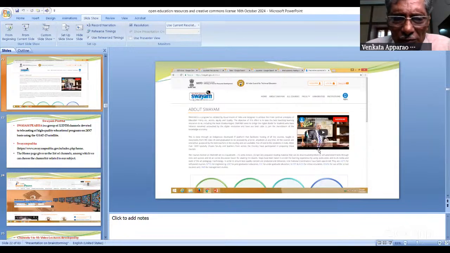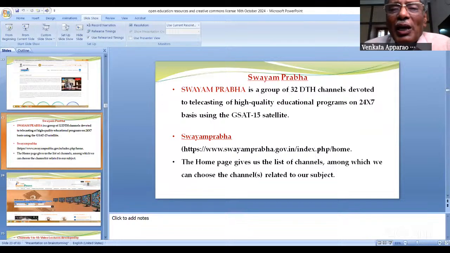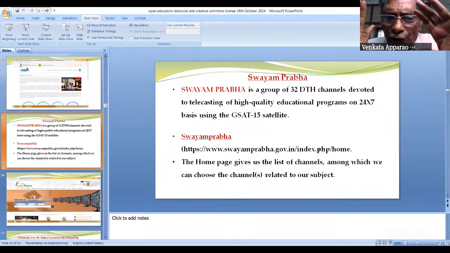This is the website of Swayam. Then you have Swayam Prabha. Swayam Prabha is a group of 32 DTH channels devoted to telecasting of high quality educational programs on a 24/7 basis using the GSAT 15 satellite.